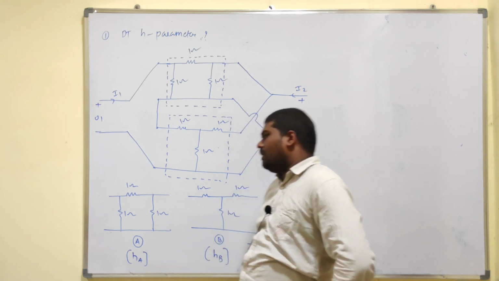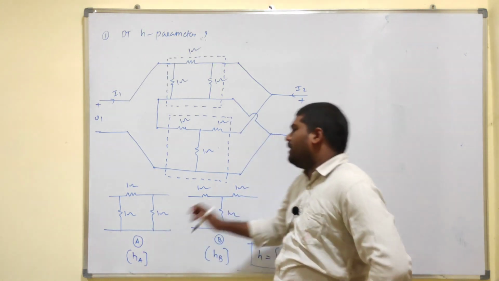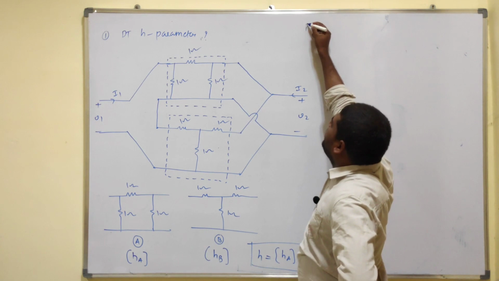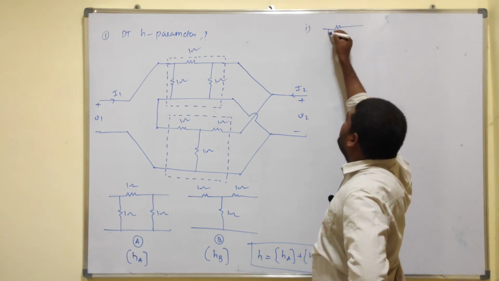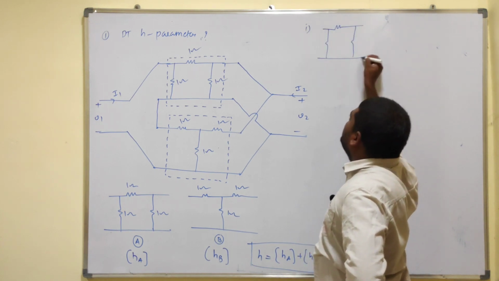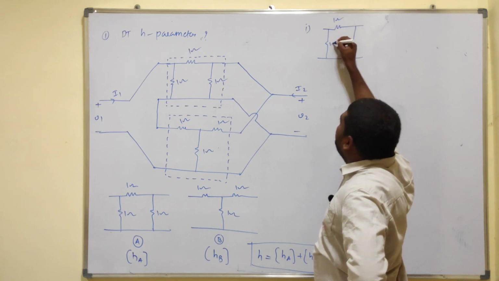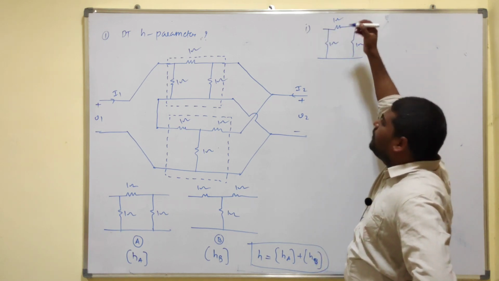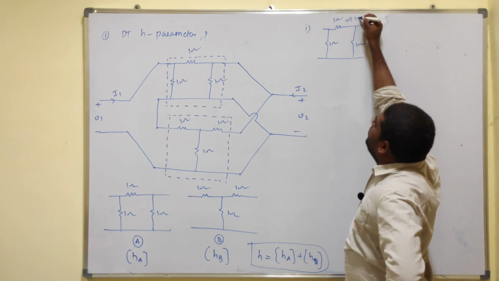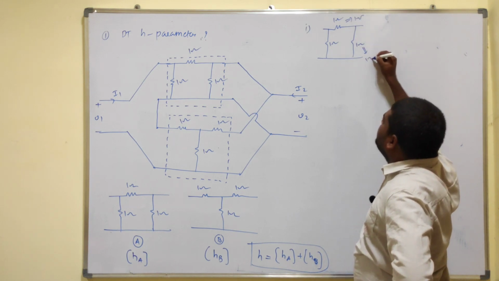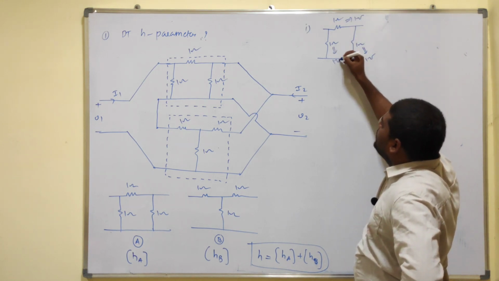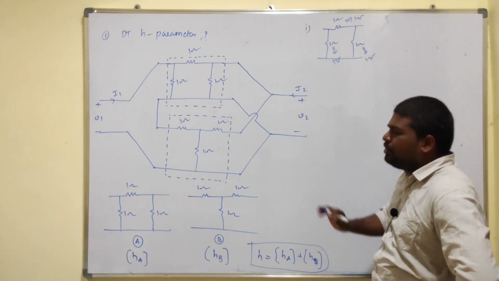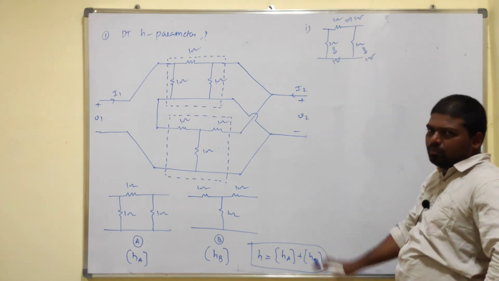For example, for this network, first the A network, this is 1 ohm, 1 ohm, 1 ohm. If you convert into mho form, each produces 1 mho, right? No issue with 1 ohm to 1 mho, right?